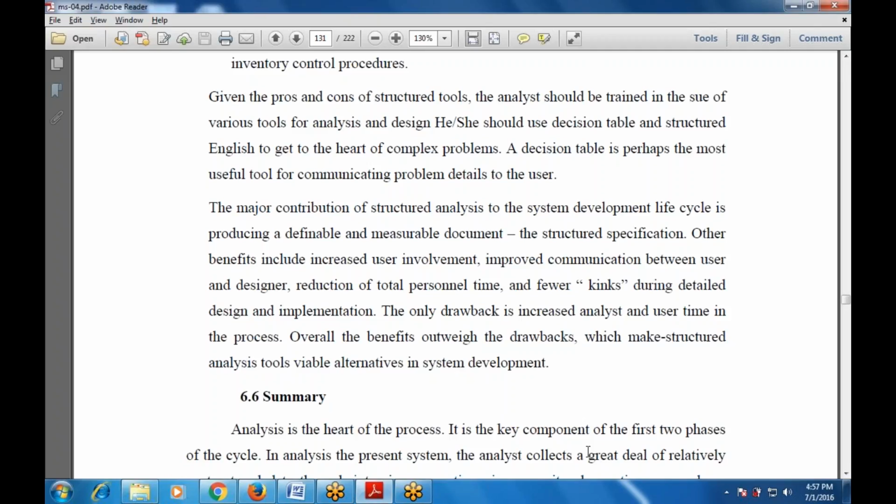Overall, the benefits are more than the drawbacks. So structured analysis tools are used in system development because the benefits outweigh the limitations. So we are going for these structured analysis tools: data dictionary, decision tables, decision trees.